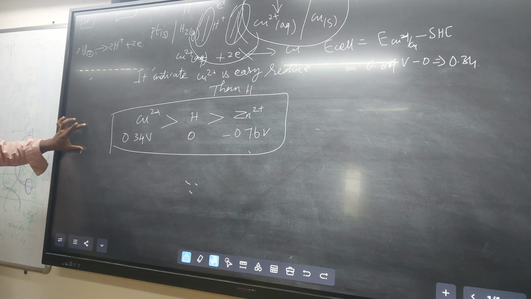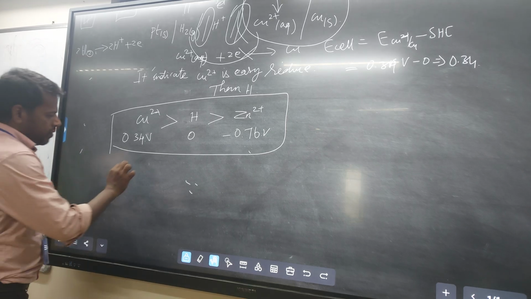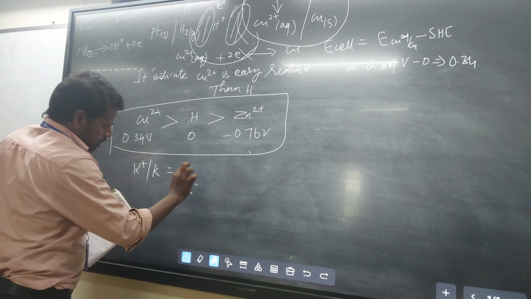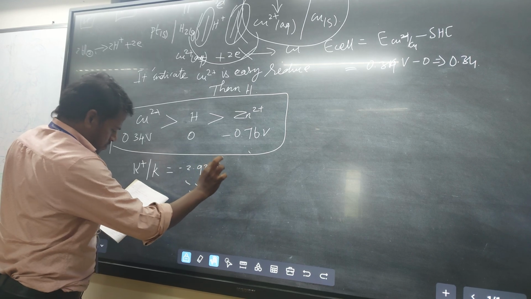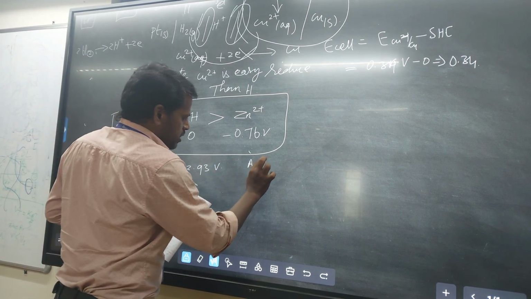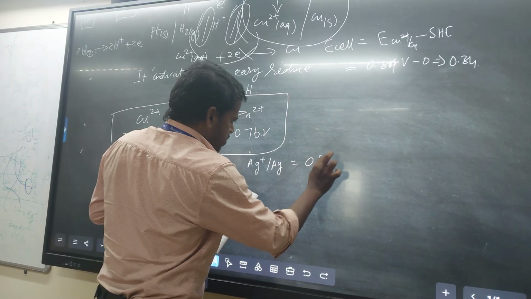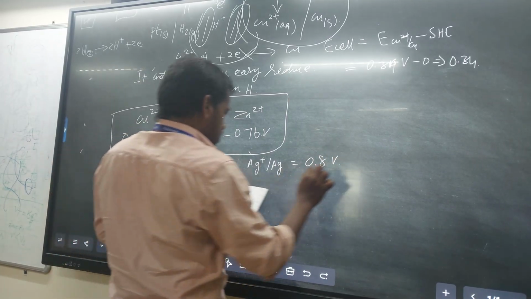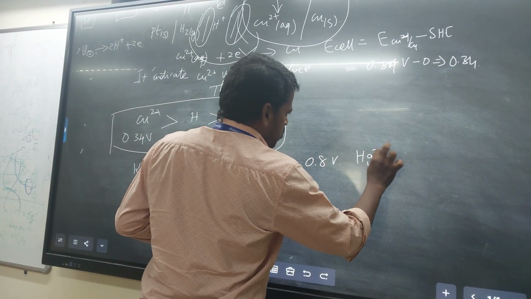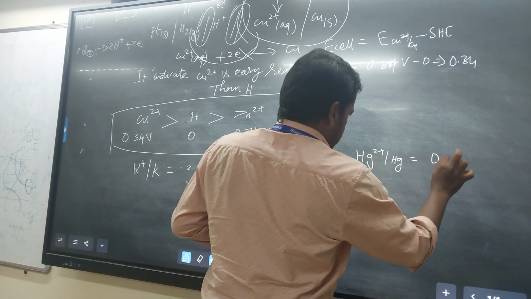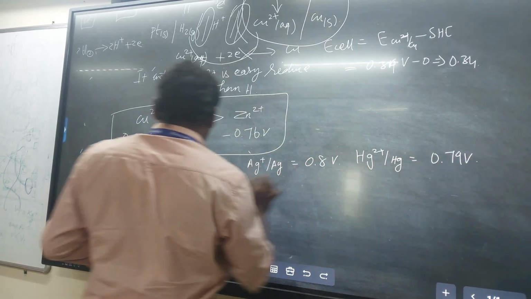Similarly, I can give some metals and you arrange them as per the reduction potential order. K plus becomes K, minus 2.93 volt. Ag plus becomes Ag, 0.8 volt. Mercury becomes, 0.79 volt.